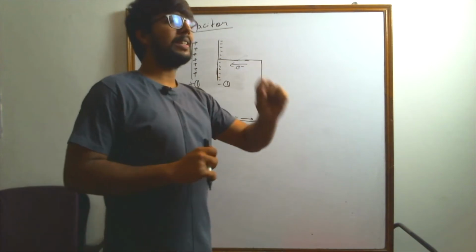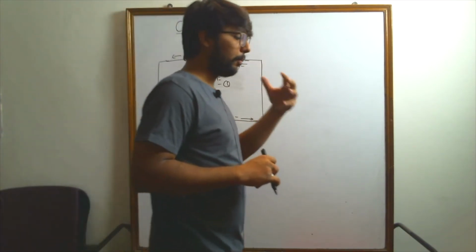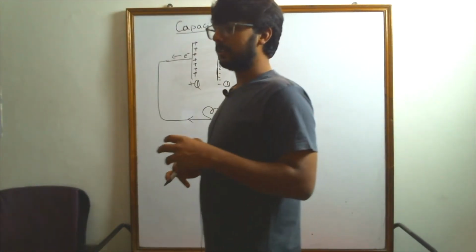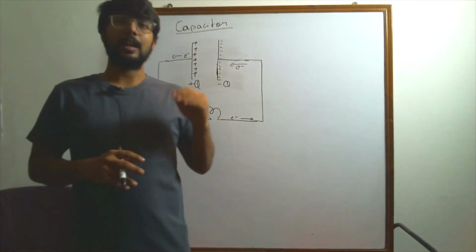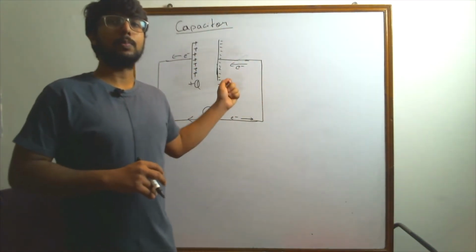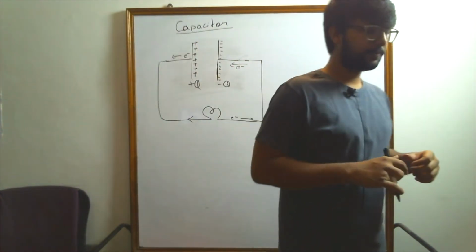At that point we say that we have broken the dielectric strength of that material. That was the maximum limit of electric field that was possible through air or any other material at that moment. Why is this important?